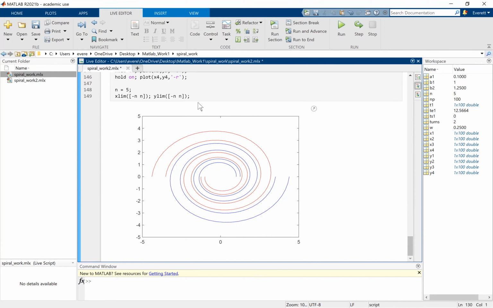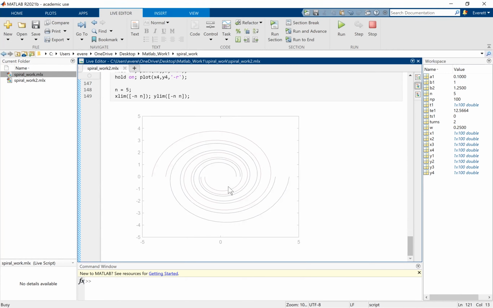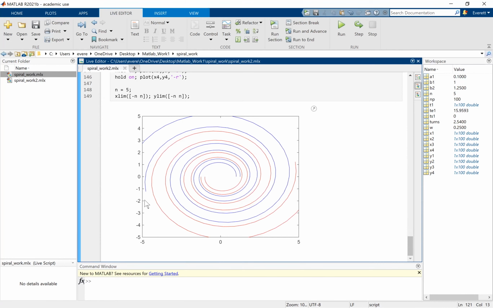So if we want to do that, we need to figure out the x and y coordinates of both of these points. Because remember, the number of turns doesn't have to be just an integer. It can also be a decimal, like 2.54 turns, where the spiral ends at an angle here.